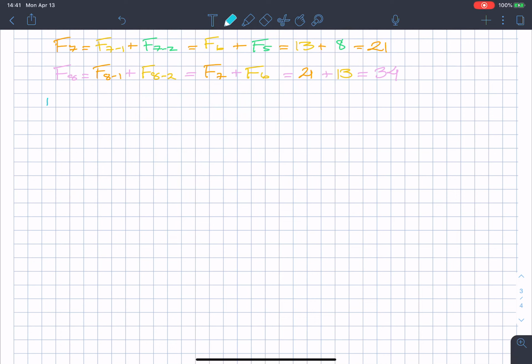Okay, so the first 8 terms, well, technically 9, but few terms of the Fibonacci sequence, which goes on forever.